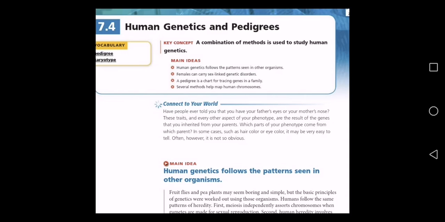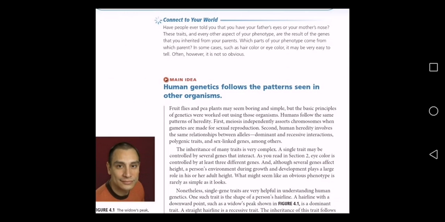Now, you might think that studying genetics in these organisms is not an interesting thing, and it's not important and sometimes boring, because you feel there's nothing connecting you with this topic.